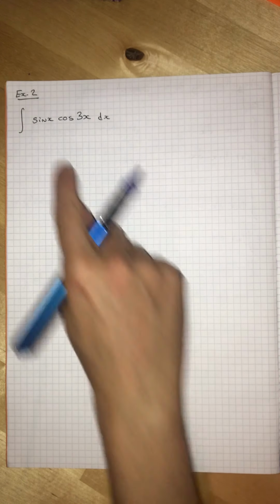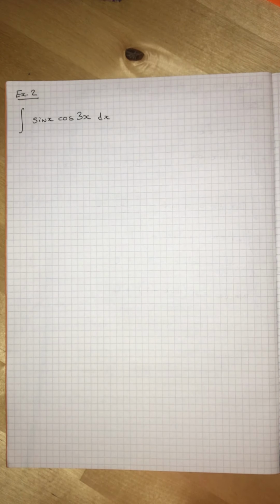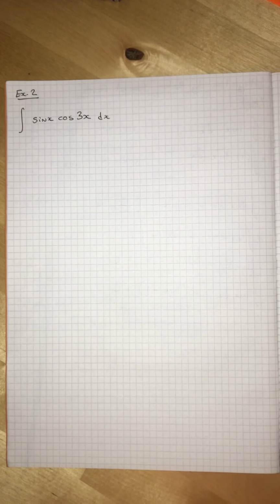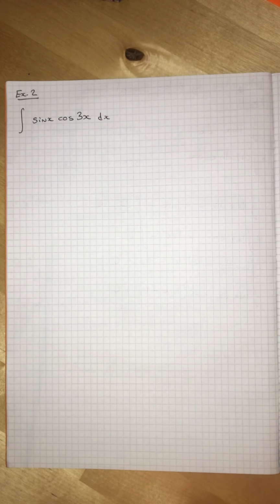So looking ahead, which one do we want to differentiate? If I differentiate sine x, I'm going to get cos x. If I differentiate cos 3x, I'm going to get negative 3 sine 3x. So that doesn't seem like there's much difference, but say if I integrate cos 3x, I'm going to start dealing with fractions, and if I integrate sine x, I'm not.